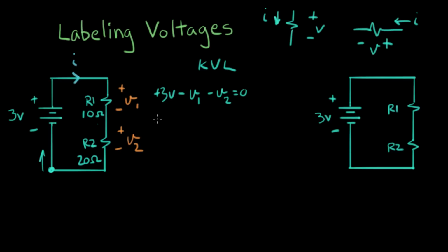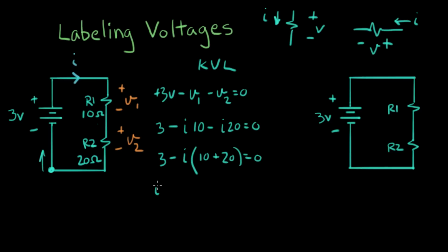So let's keep going with this analysis. 3 volts minus V1 is I times R1, I times 10. And V2 is I times 20 ohms. And that equals 0. So let's keep going. 3 minus I times (10 plus 20) equals 0.